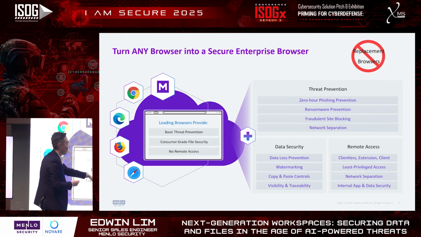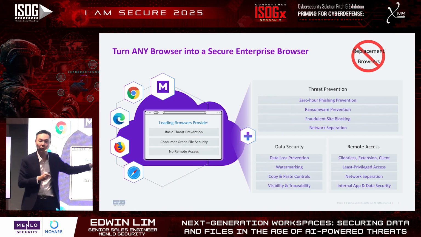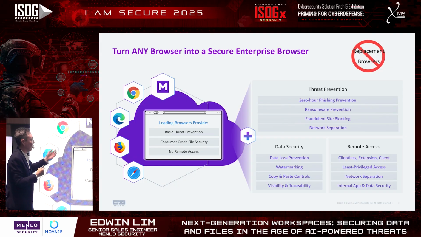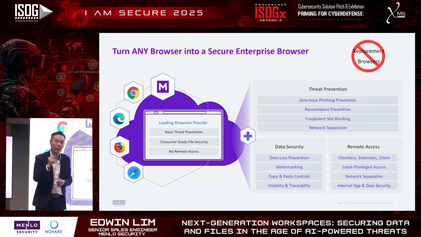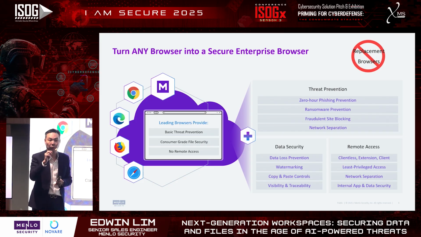In short, these are some of the features. We can even stop 0-hour phishing sites, which I believe not very many vendors say they can do. It's because of the AI technology and the isolation technology that we can identify using machine vision, computer vision technology in the cloud itself.